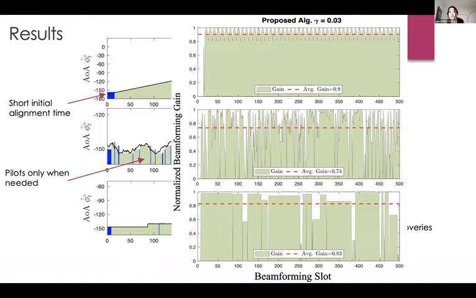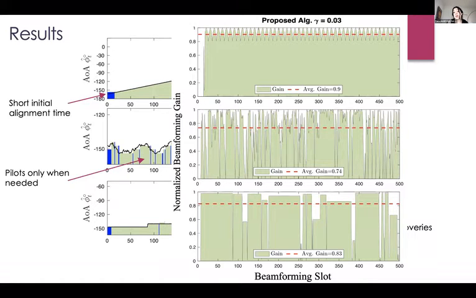And this is the same thing. There I was showing you the angle of arrival, how well I can estimate it. This is really showing what you would technically be interested in, which is the normalized beamforming gain. As you can see, because I don't widen the beam that much, most of the time just a soft widening of the beam gives me good tracking.